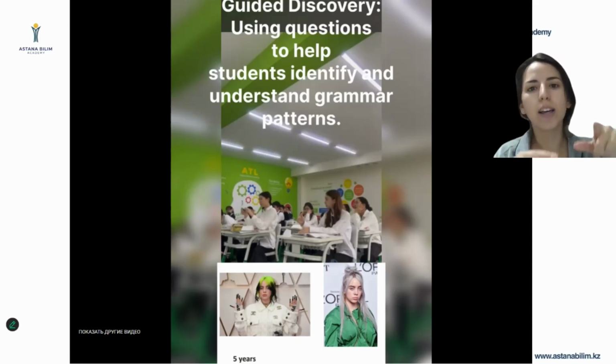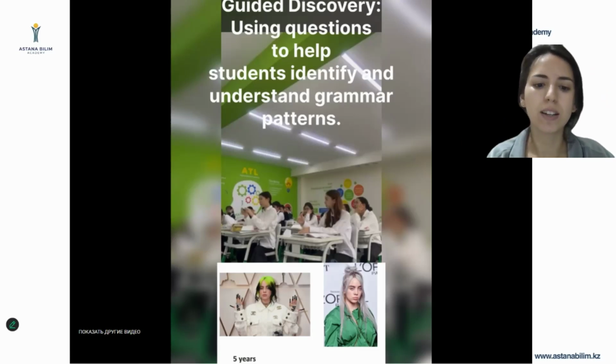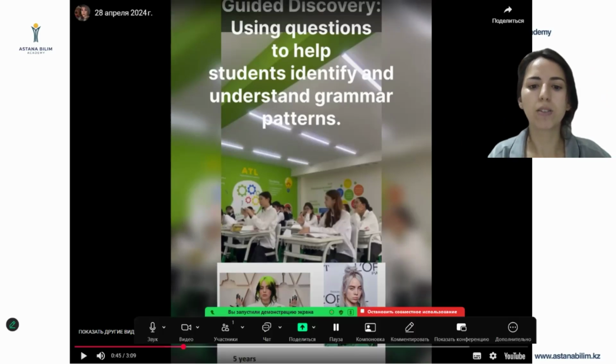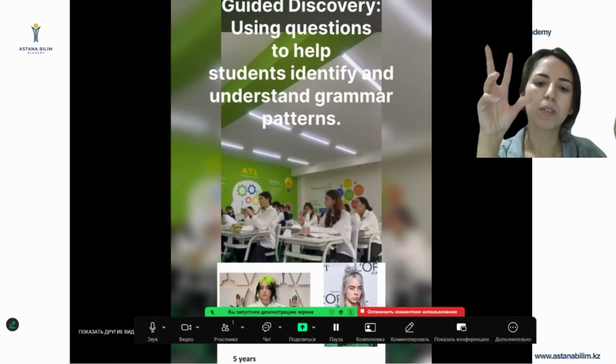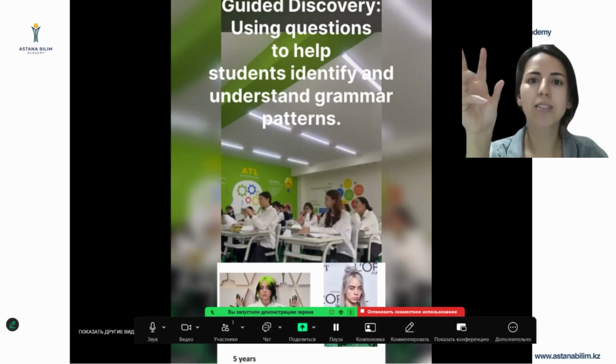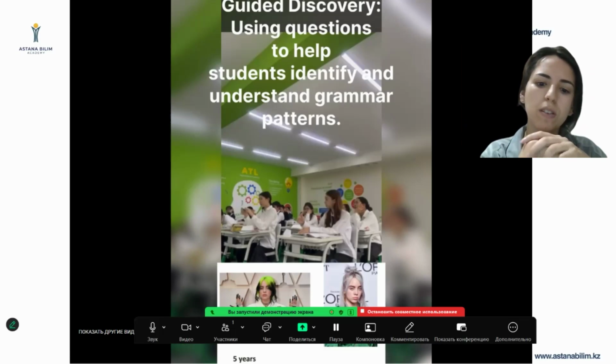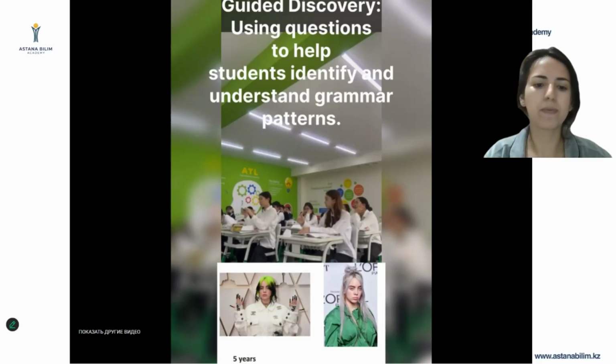They try to answer your questions. So the teacher is eliciting, using questions to help students identify and understand grammar patterns. So this is the difference in appearances of one and the same person for 5 years.